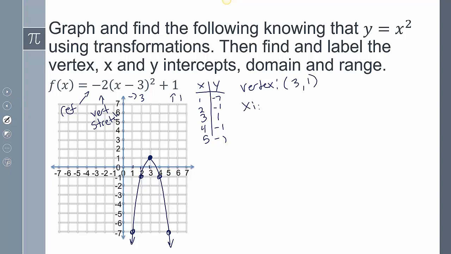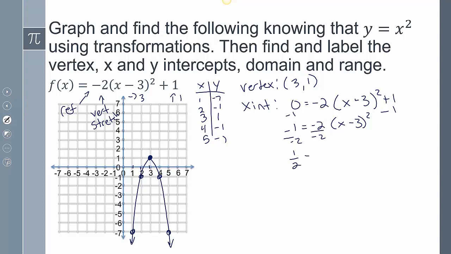My x-intercept is where y is 0, so I'm going to say 0 equals negative 2 times (x minus 3) squared plus 1. So minus 1 on both sides. Divide both sides by negative 2. Then if I take the square root, this rationalizes into root 2 over 2, plus or minus.